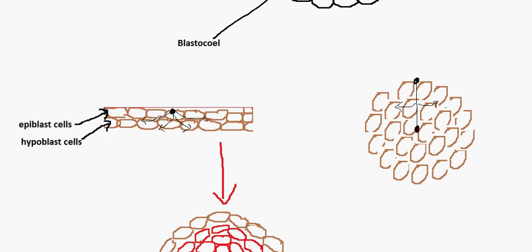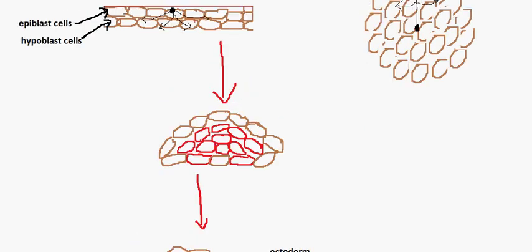Some cells will end up in between these two layers of cells, the epiblast layer and the hypoblast layer, and some cells will end up replacing the cells of the hypoblast layer. Let's say we indicate the cells which are migrating from the epiblast cell layer in red color. So we will find something like this roughly drawn diagram, which will give you the general idea.